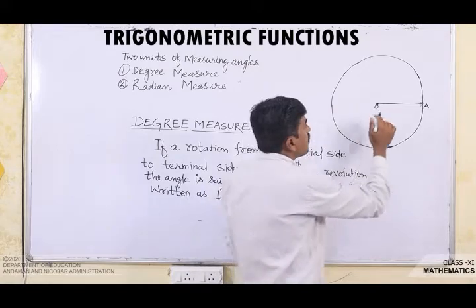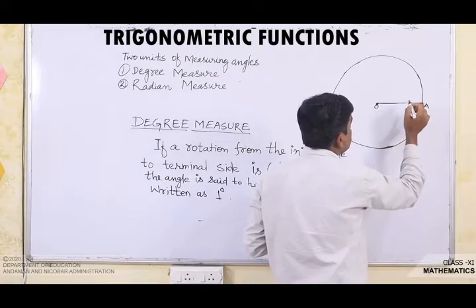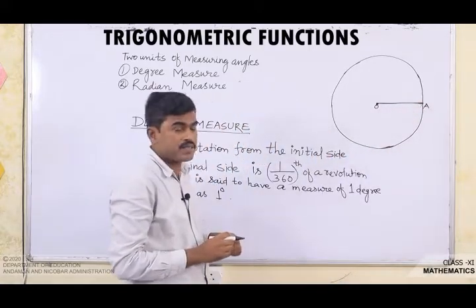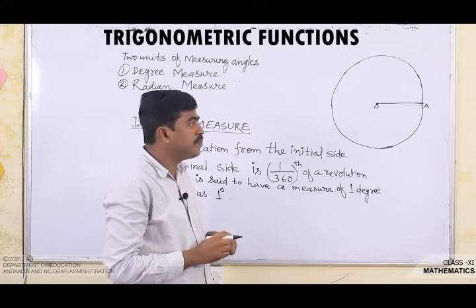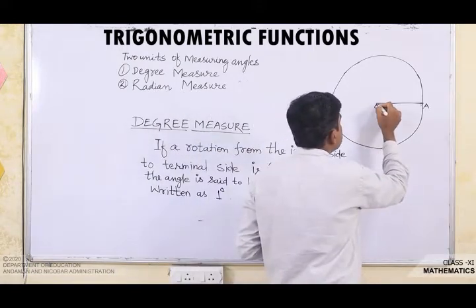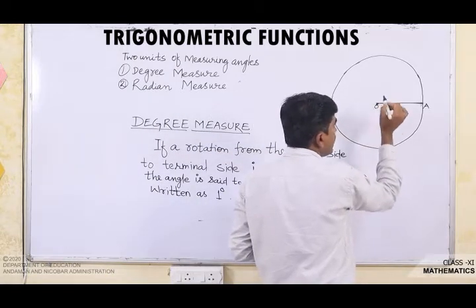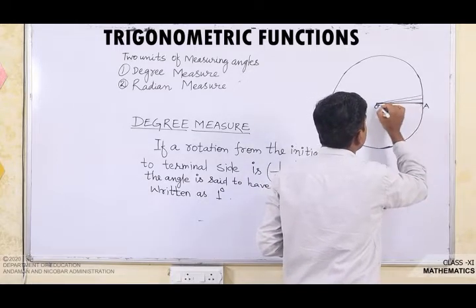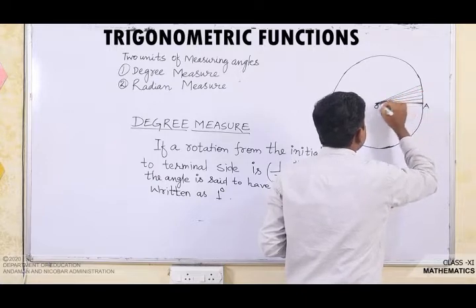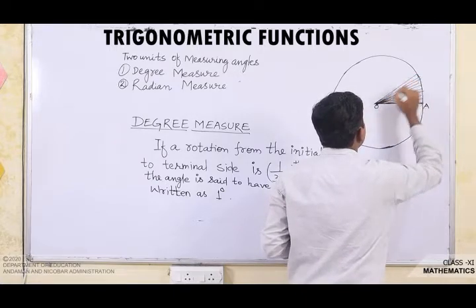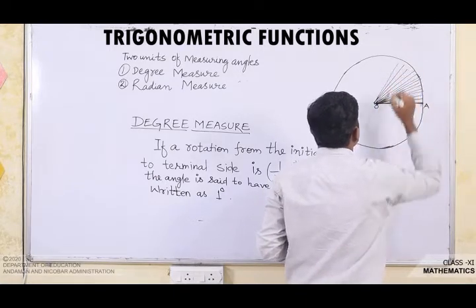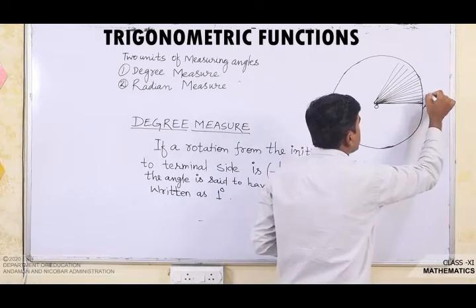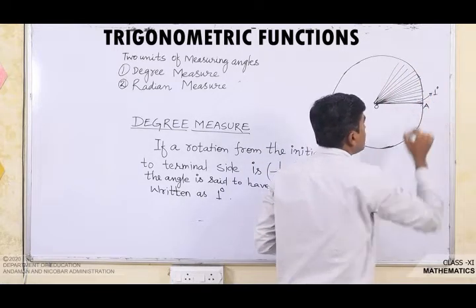Now if this circle is divided into 360 equal parts about this fixed point O, which is the center of the circle, then each part measures 1 degree.